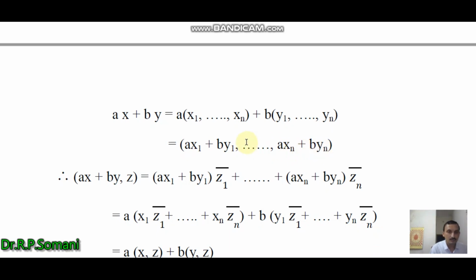Then we take the inner product of this element ax plus by with z. So ax plus by comma z, by the definition of the inner product, we obtain as ax1 plus by1 times z1 bar plus ax2 plus by2 times z2 bar and so on, axn plus byn times zn bar.